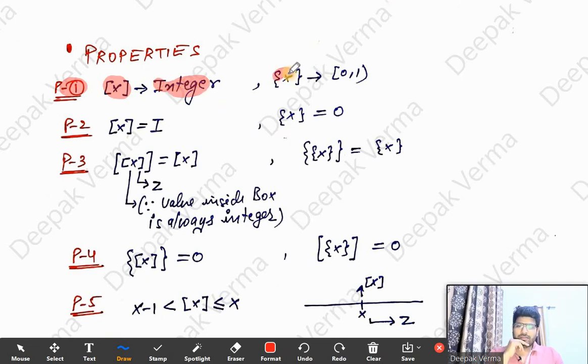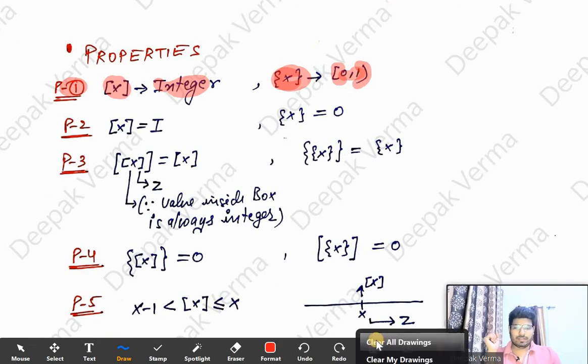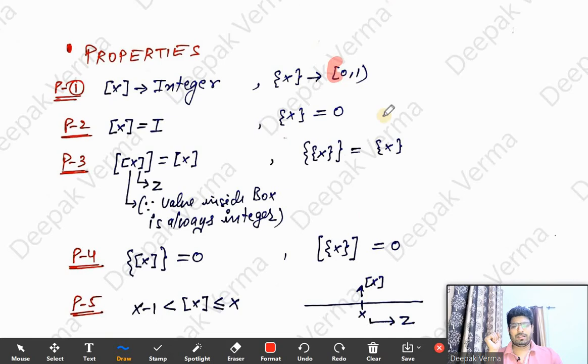And the outcome of the fractional part of x always lies between 0 and 1, and 0 is included. It means the value of the fractional part of x can be 0 also but can never be 1. So here we have an open bracket with 1 and a closed bracket with 0. I hope you remember the graph of the fractional part of x. In the last lecture we did it.